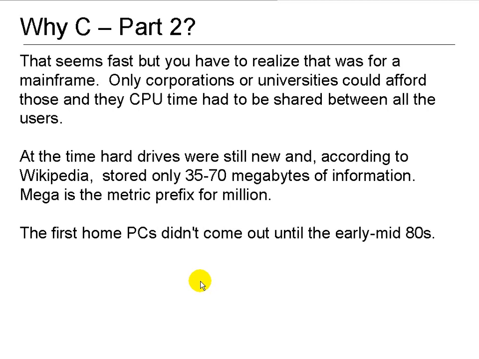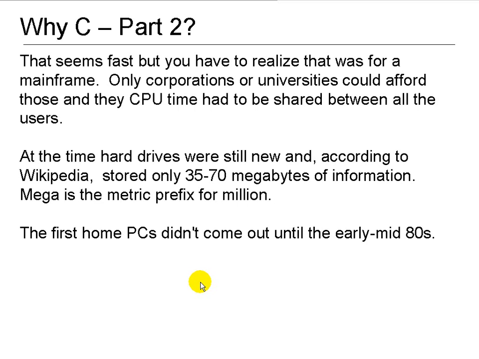Now, that seems fast for even back then, but you have to realize that was for a mainframe. Only corporations or universities could afford those, and the CPU time had to be shared between all the different users. So imagine slowing your computer down by 100 or 500 times, and then sharing that with 10 or 15 other people.